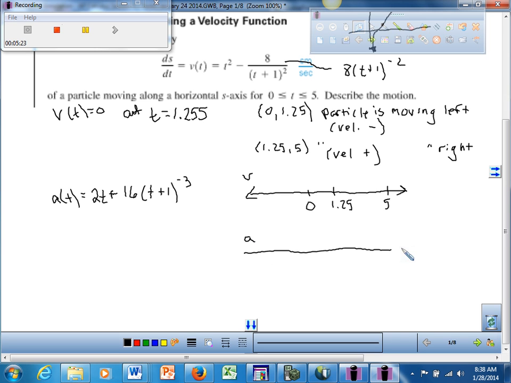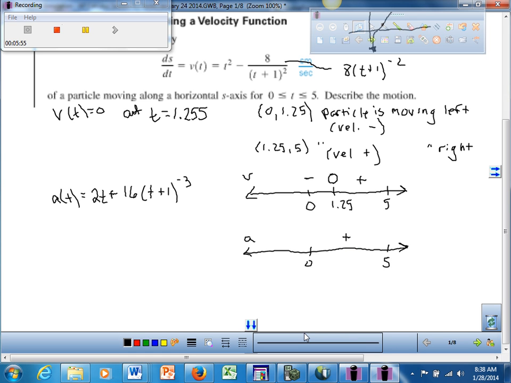Is it positive or negative in our interval? Positive everywhere. All right, so I'm making a little sign chart for velocity and acceleration. I know the velocity is 0 when time is 1.25, and to the left of that it was negative, and to the right of that it was positive. And everywhere in the interval from 0 to 5, my acceleration was positive.